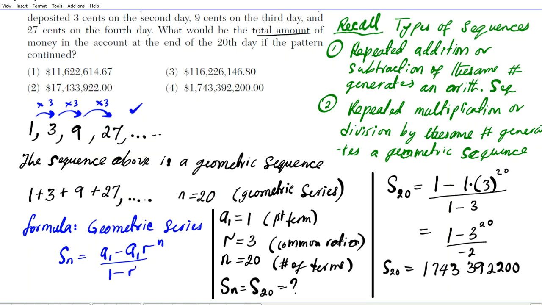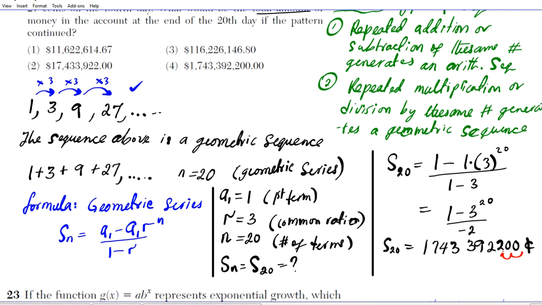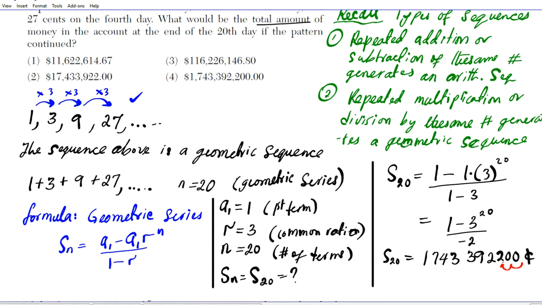Okay, now this is in cents. The options that are provided here are in dollars, so to convert cents to dollars, you just simply divide by 100 or move the decimal point 2 places to the left. Remember, every 100 cents is $1.